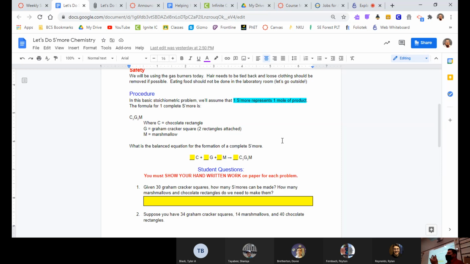For example, this right here in my hand is 1 mole of aluminum. So this is 6.02 times 10 to the 23rd atoms of aluminum right here. We're not super accurate to the 23rd decimal place, but this is 1 mole.